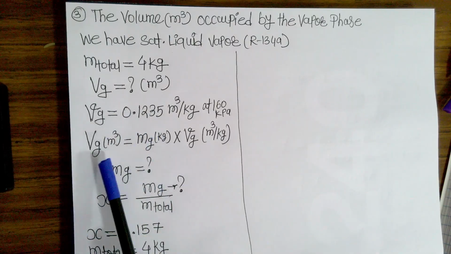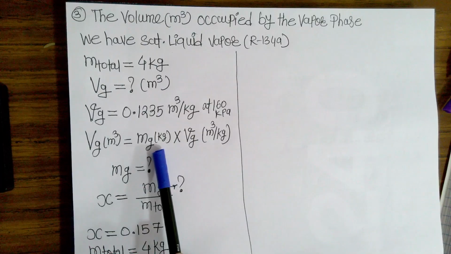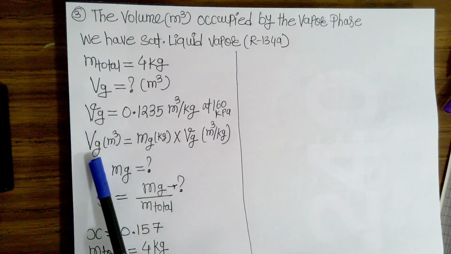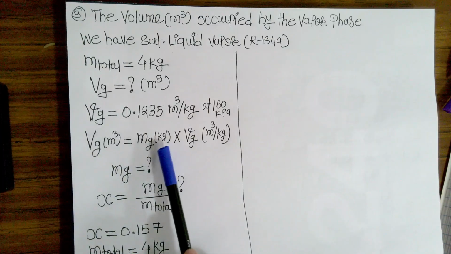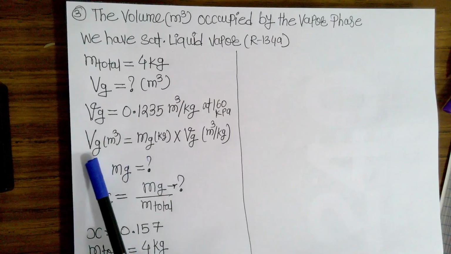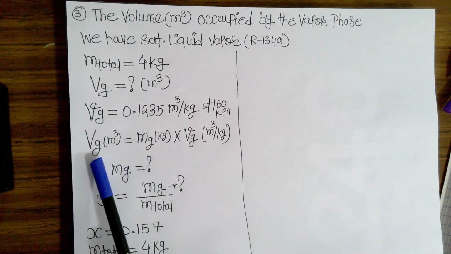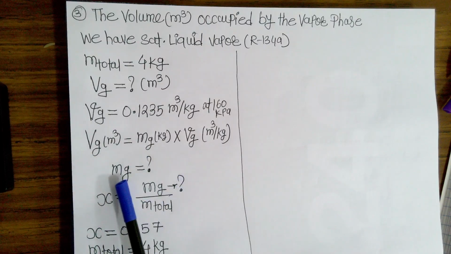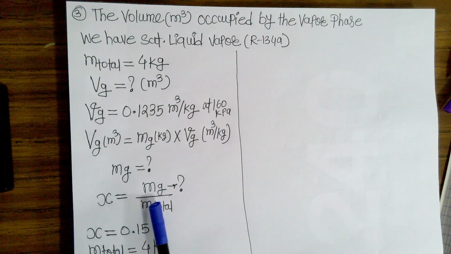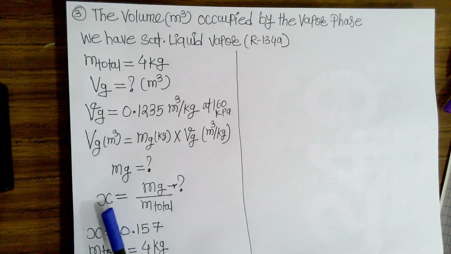So the problem here is we don't know the mass of vapor and we don't know the capital Vg. So if we can find out what is the mass of vapor, we can find out capital Vg, which is the volume of vapor. So mass of vapor we can find out from dryness fraction.